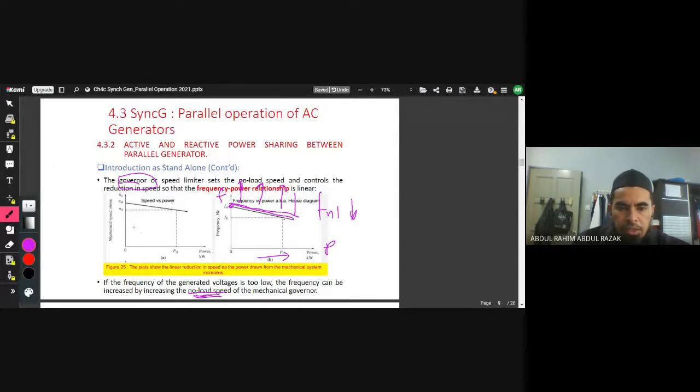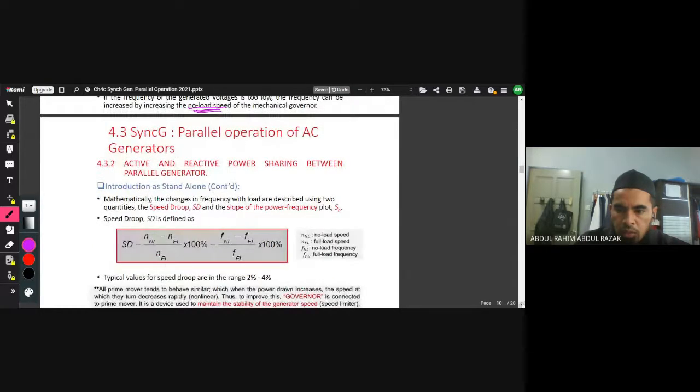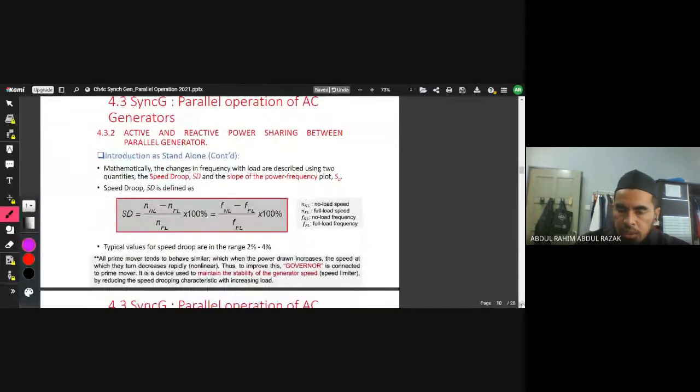Okay, we have here speed versus power, frequency versus power. Same goes for the speed. The speed also will reduce once we increase the power from P at no load up to P at full load. When we increase accordingly, the speed also tends to decrease. So how much is the decrement?